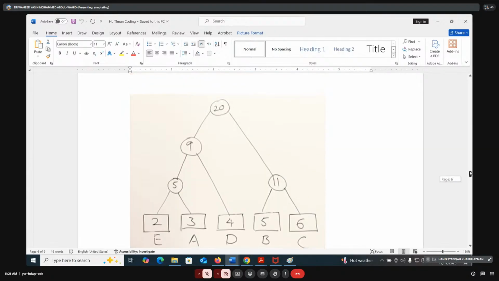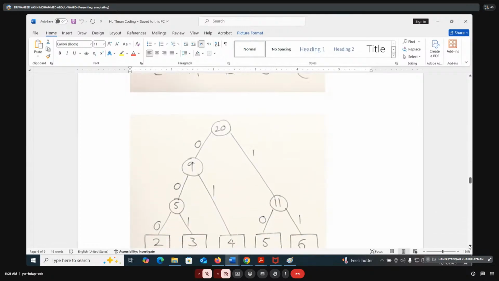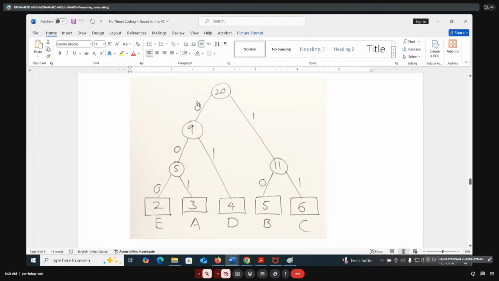So how can I make these nodes connected? Here I make the nodes according to the minimum values: 2, 3, 5; 3, 4, 7; 4, 5, 9; 5, 6, 11. I start with 5. Now 4, 5, 9, and 5 and 6, 11. Now 11 with 9 is 20. Now when I go left I mark the label with 0, and when I go right I mark 1.